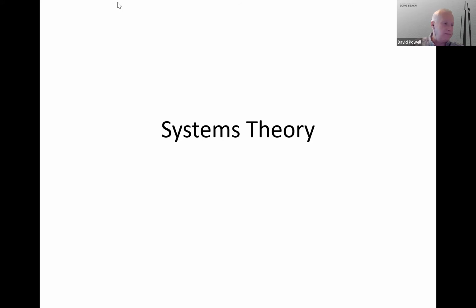Okay. I think that's most of our housekeeping items for the evening. So what we are going to plan on doing tonight is pick up where we left off last time, and we're going to talk first off about the school of systems theory, and we'll distinguish between what we consider to be natural versus open systems theory.